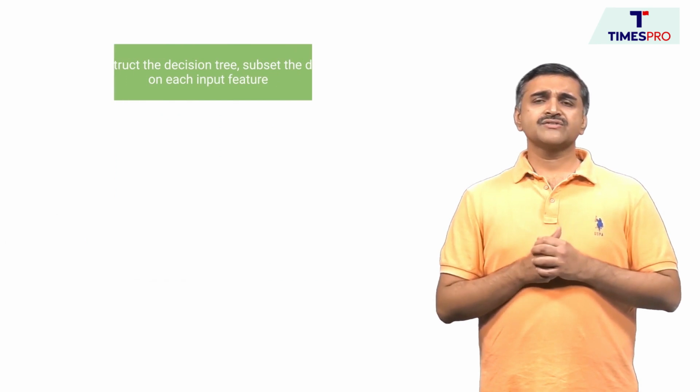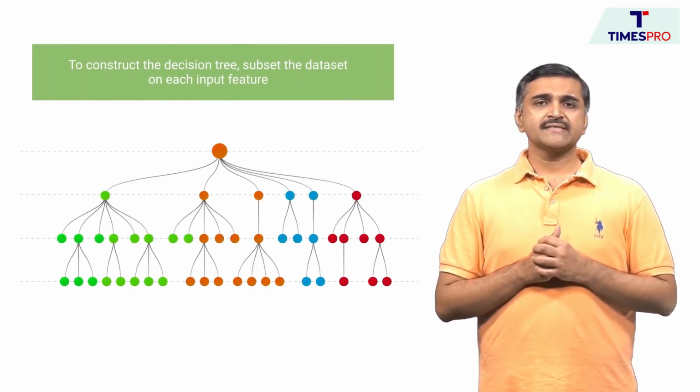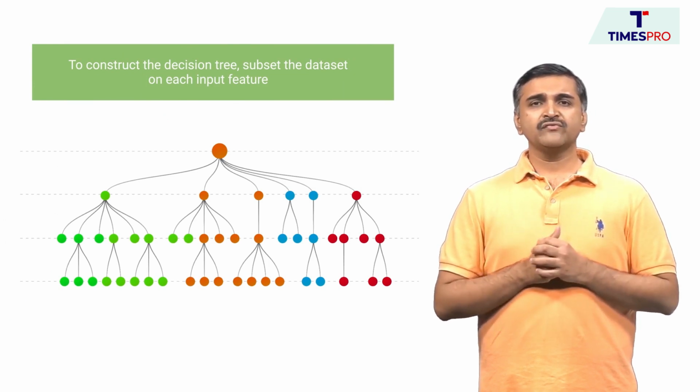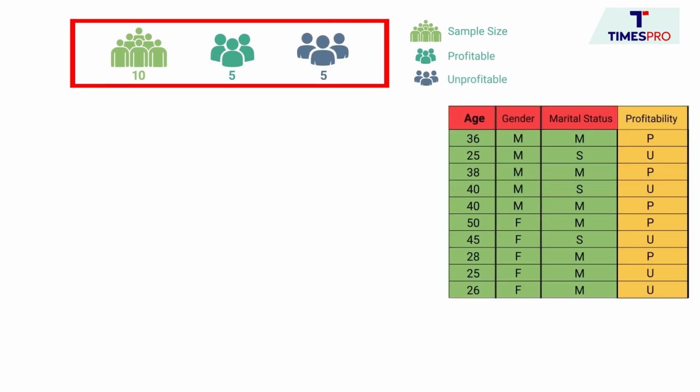To start constructing the decision tree, we would need to subset the data set on each input feature. Let's take an example. In the input data set we have a total sample size of 10 with 5 profitable and 5 unprofitable customers.